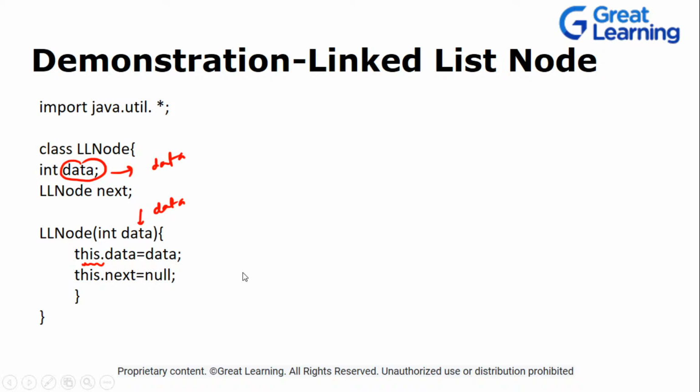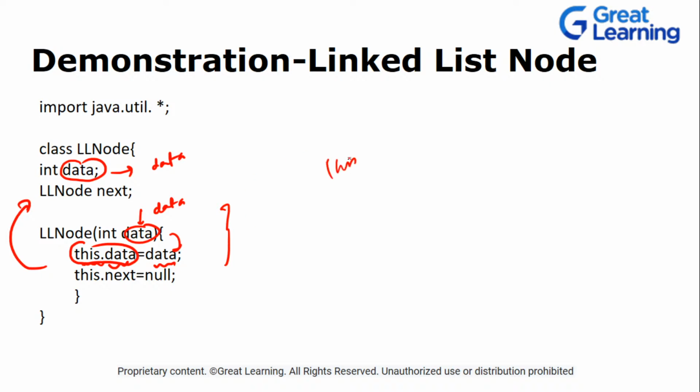Our compiler, the just-in-time compiler that we use in Java, should not be confused about which is which. Whatever is the current object's data refers to the current state of the object. This is the data member, and this is the argument that we are passing. That is why we are using this.